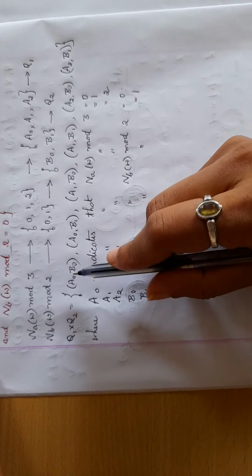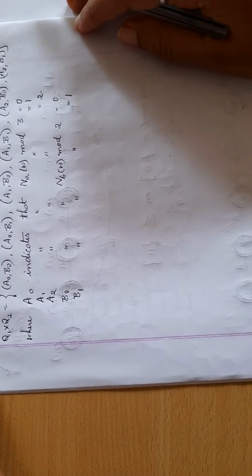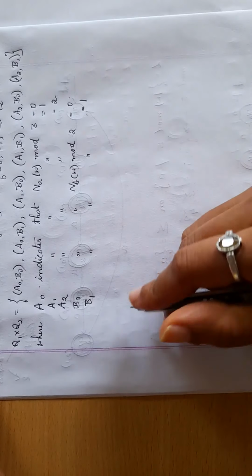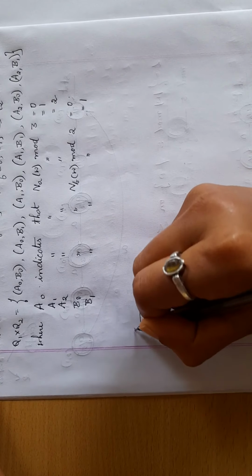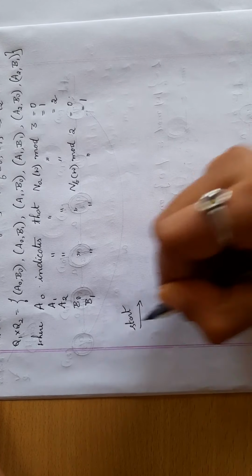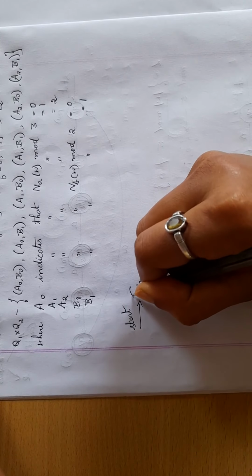I have six different states, so we shall write start. I'll take the first state as Q0. I need six states, so I'll have Q0 to Q5.